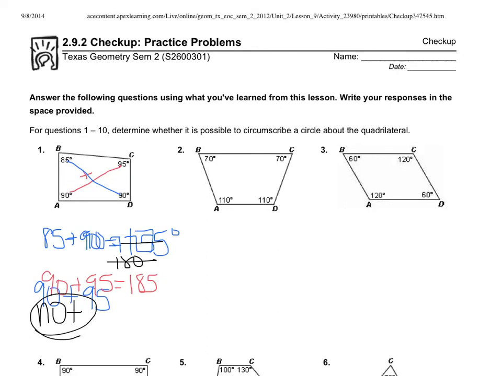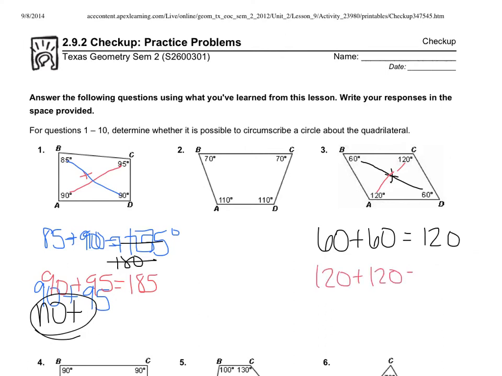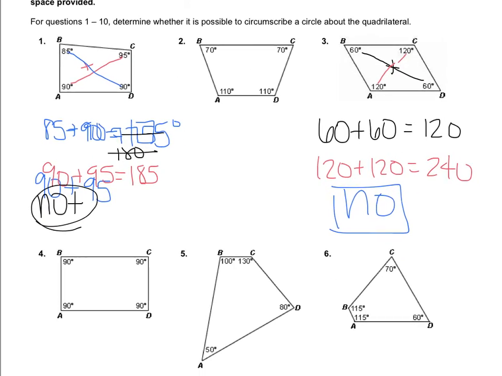So number 3, we're going to add these two, and we're going to add these two. So if we do 60 plus 60, we're going to get 120. If we do 120 plus 120, we're going to get 240. So again, we could not circumscribe a circle around this because we did not get 180 for either of those.